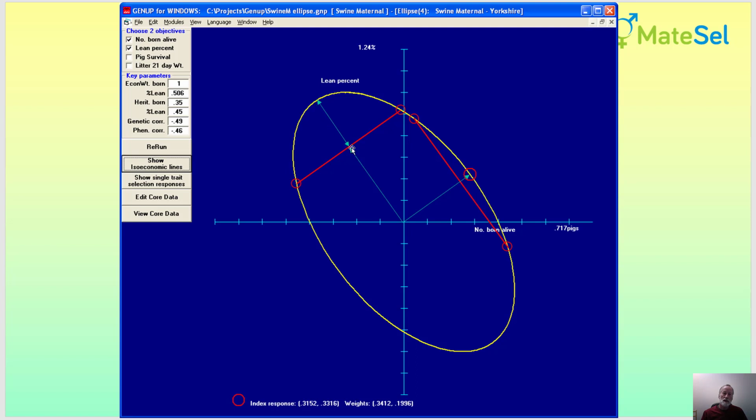And so this is an example of where a couple of traits can be manipulated for the relative direction between them with little damage. And this is something which you will see in MateCell. You will be able to make changes to some traits and combinations of traits without much deviation from the frontier.